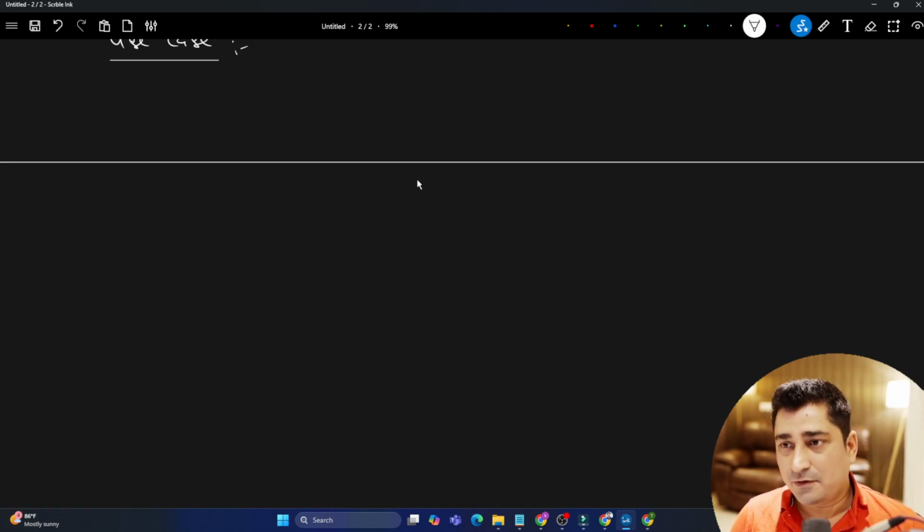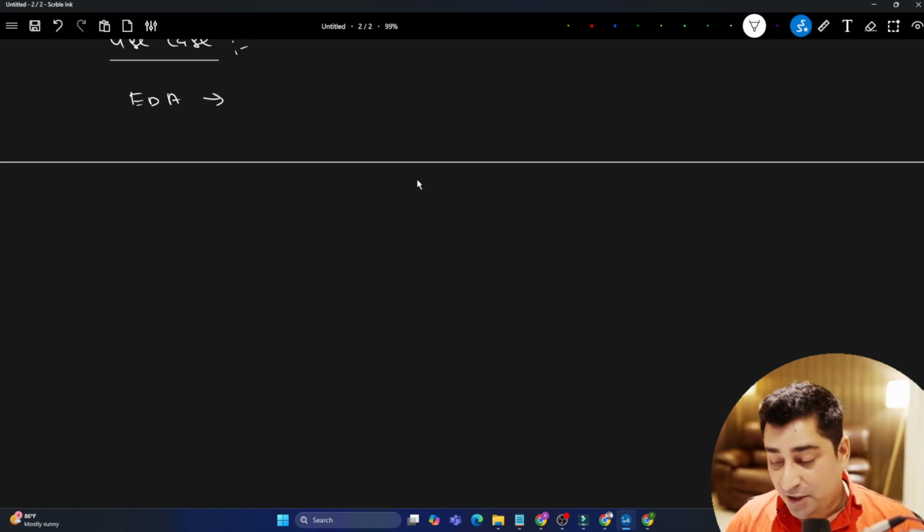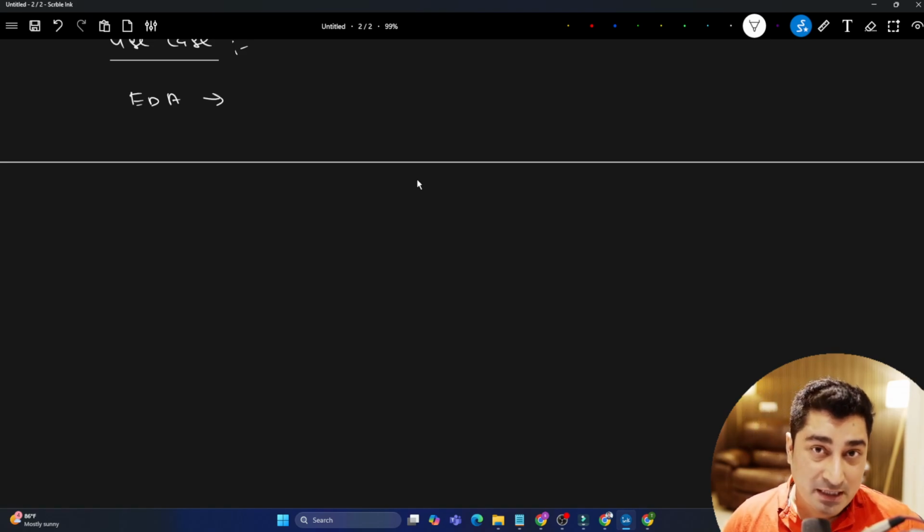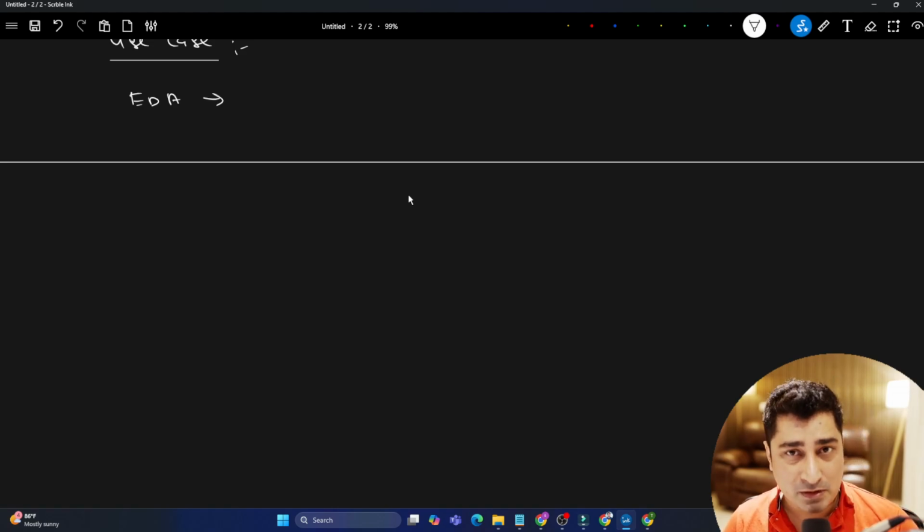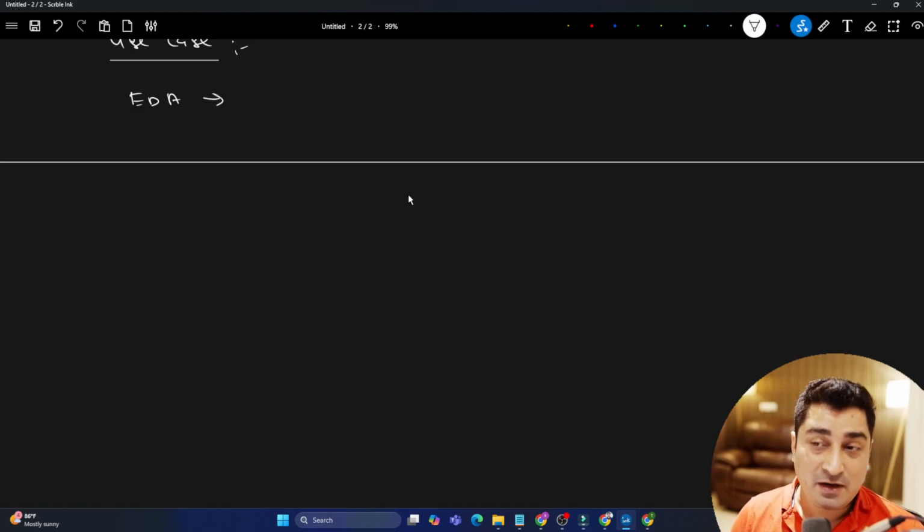Whenever inside data science you have to perform some sort of EDA operation. And what is this EDA operation, by the way? EDA is called exploratory data analysis, where you apply statistical concepts, find the mean, median, mode, standard deviation, and many more things out of the data, and then make some sort of conclusion.